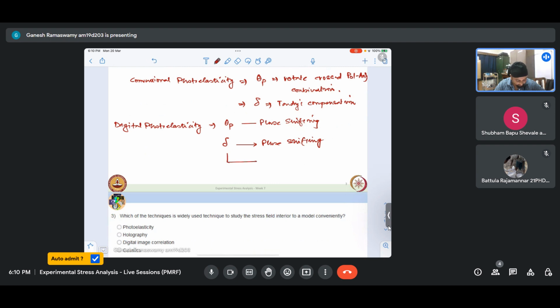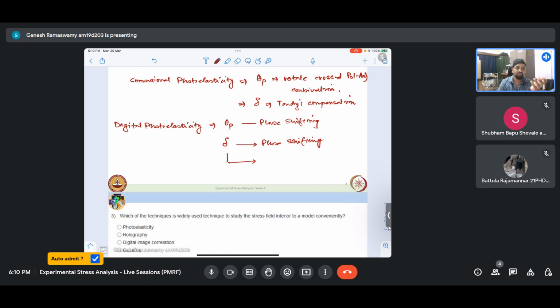Another way to obtain delta is by a lookup table. For example, you take an image of a known problem and develop a color calibration table, as shown in the lecture. Once we do that, let us say you have obtained your application image. At each and every pixel, we run a least squares difference error and see where that error is minimum in order to discern the fringe order at that point.